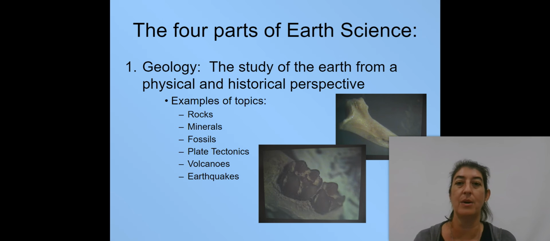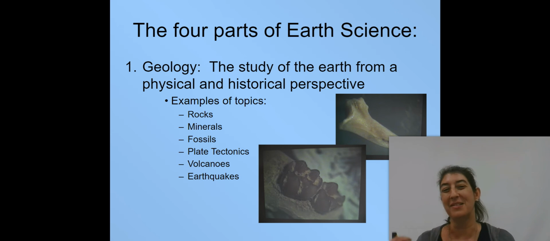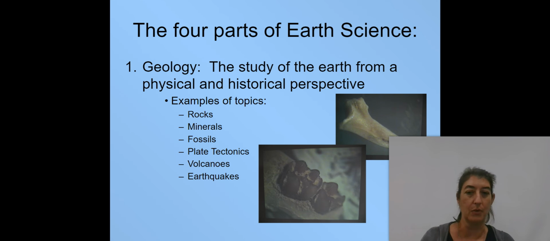The first one is the study of geology, which is the study of the Earth from physical and historical perspectives. So we get to deal with rocks and fossils and minerals and talk about volcanoes and earthquakes and all of those kinds of things that happen in the solid, physical part of the Earth, and also the things that have occurred in the Earth's past.